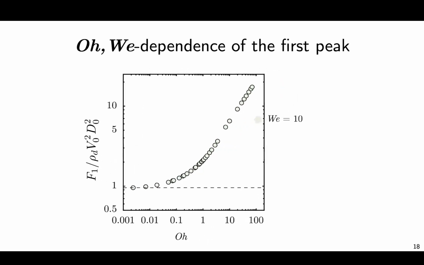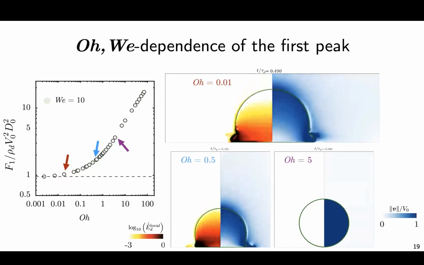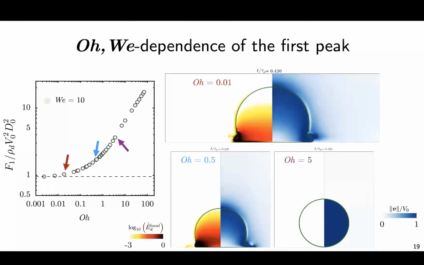And to rationalize this, I'm showing you three videos over here. One for something which is 4 times more viscous than water, then one that is at Ohnesorge number of 0.5, and another which is an Ohnesorge number of 5. What we see here is that for low Ohnesorge numbers, first of all, the dissipation is predominantly in the rim of the droplet as it impacts, and it's also more in the region which is connected to the surface, and it's less as you go in the bulk of the droplet.